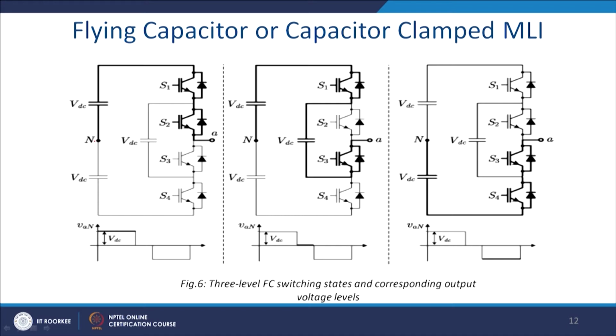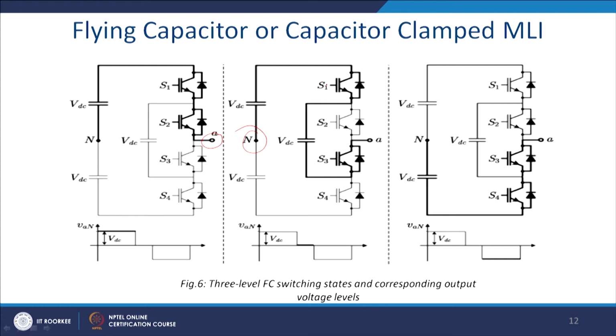You apply S1 and S2 should be closed and you get the value of VDC. This is the same as the diode clamp inverter, but there is a change in the switching when you want to get a 0 voltage or the neutral voltage at the pole of the inverter.